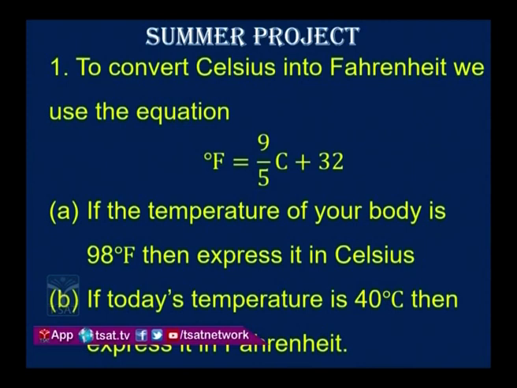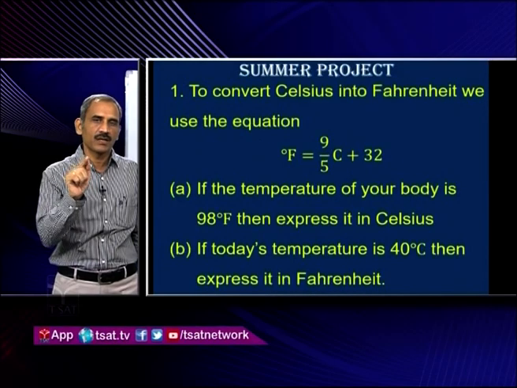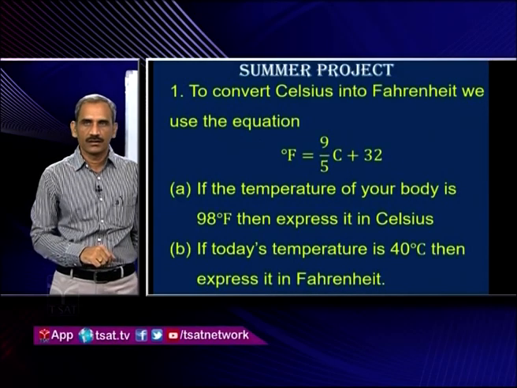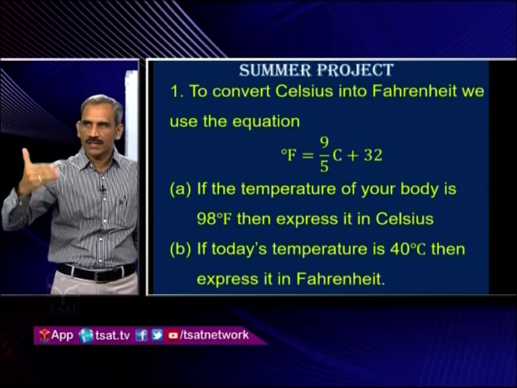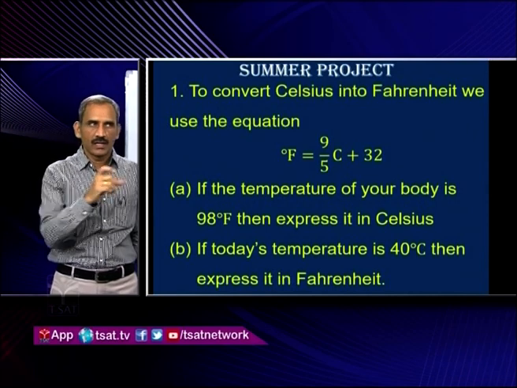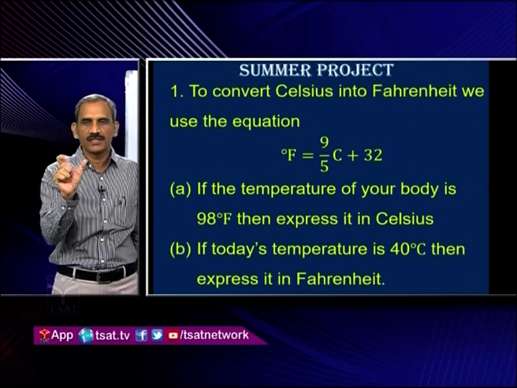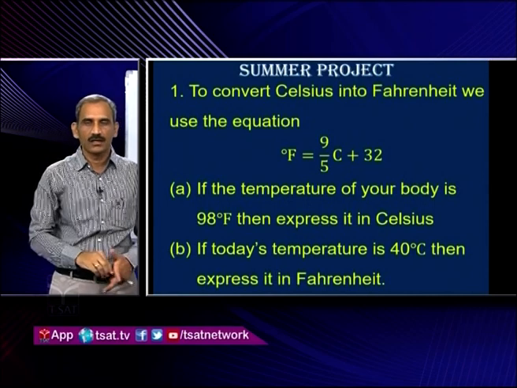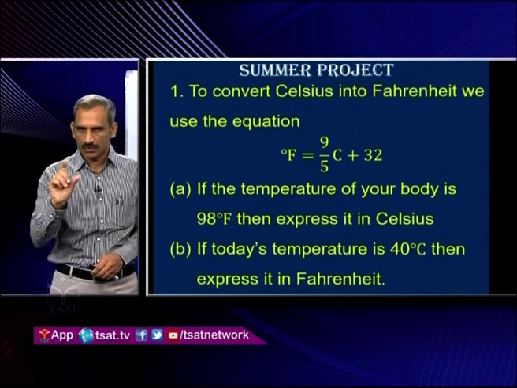Degree Fahrenheit is equal to 9 by 5 into C, where C means Celsius, plus 32. When you go to hospital, your temperature is measured in degree Fahrenheit. But the daily weather report gives that day's temperature in degree centigrade, right? Here I have given two problems.